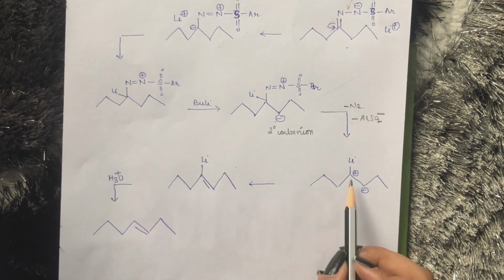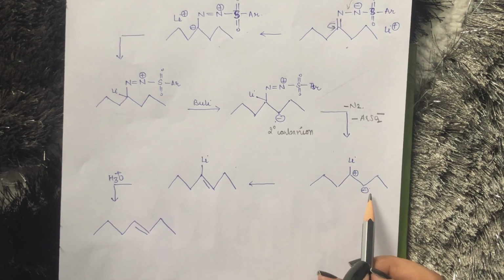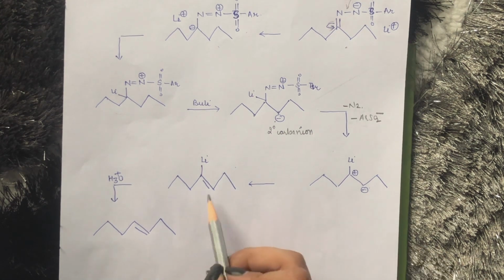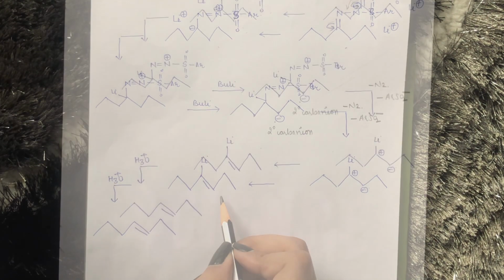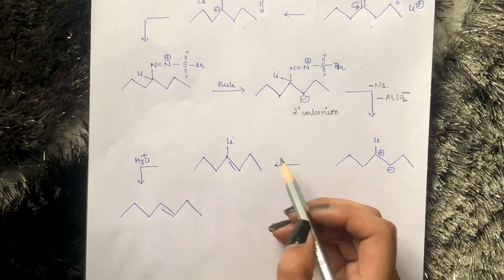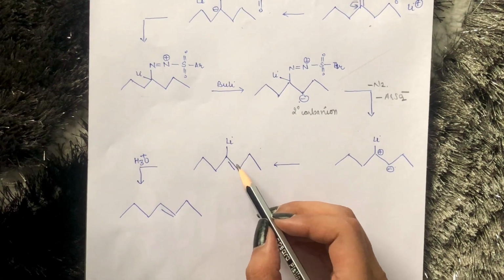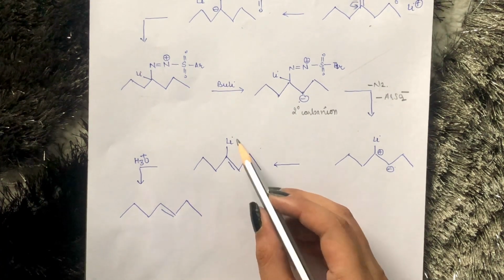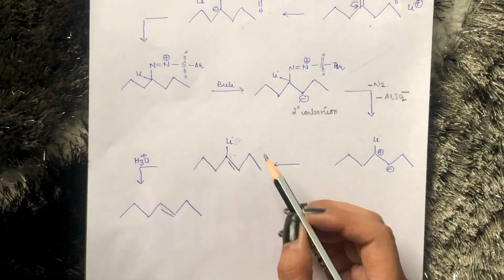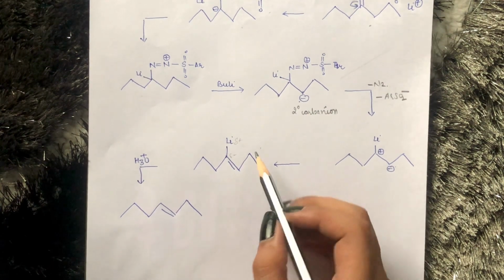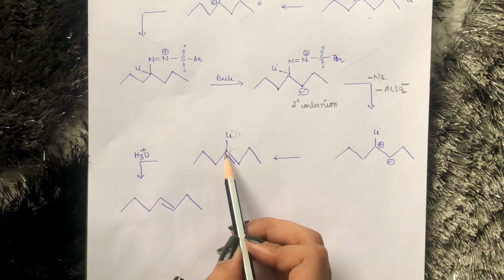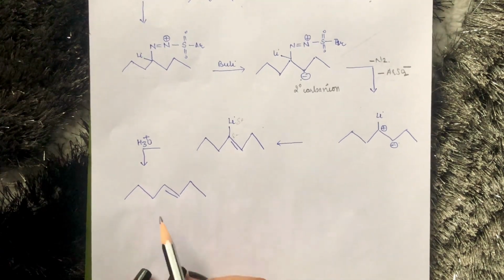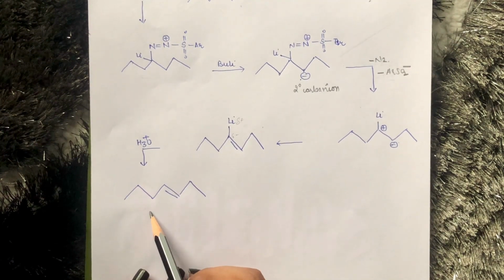Here again there is a positive and negative charge, so we can show a bond over here. The formation of vinyl lithium species takes place. We know at lithium and carbon there is a charge separation, delta positive and delta negative. So on hydrolysis, the electrophile attacks over here and we get alkene as the end product.